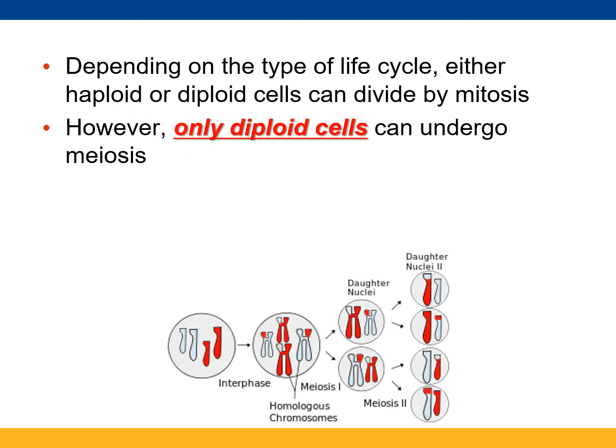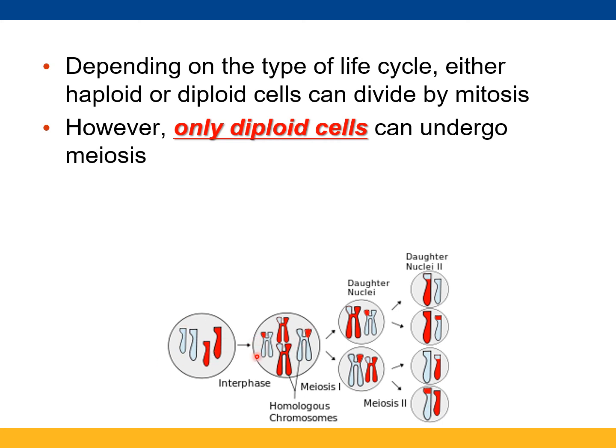And the point of meiosis and the point of sexual reproduction, as I mentioned before, is the shuffling, the random assortment of paternal and maternal genes on the new chromosomes. You're going to have an equal number of genes that you had in the original cell.